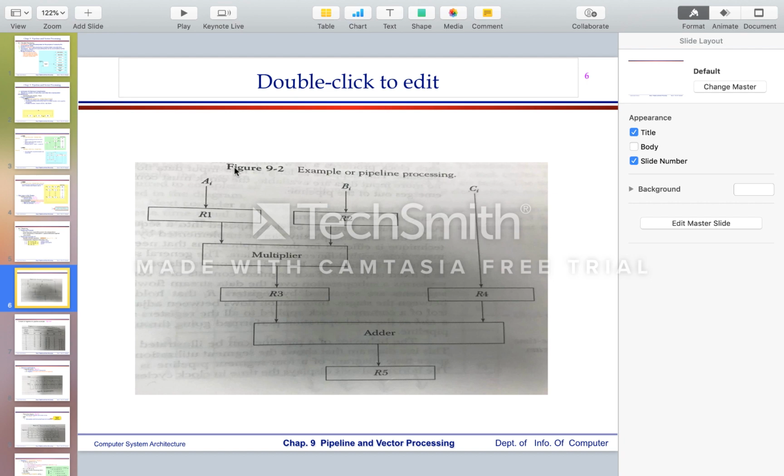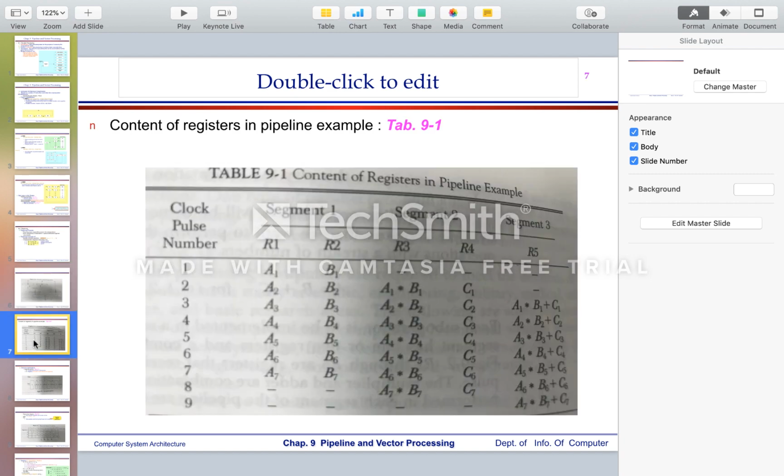But can we see overlapping over here? No, we can't, because right now we have just shown it for generalized i. But now we will see in this diagram how we can execute it for i from 1 to 7, and that too in overlap fashion. That is our ultimate goal. We don't want these tasks to execute in serial fashion. We want these tasks to execute in pipeline manner.